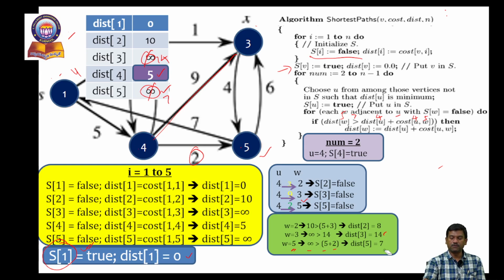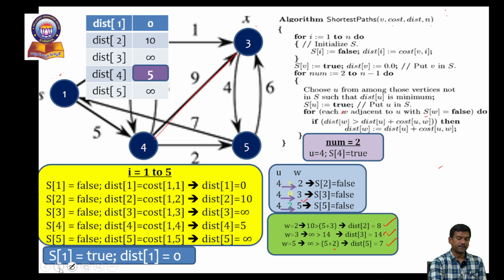So this is how for num equal to 2 we have updated these values. What values are being updated in the next iteration? You can observe that distance of 2 is being updated, similarly distance of 3, as well as distance of 5.